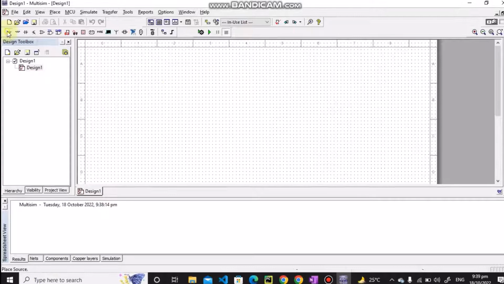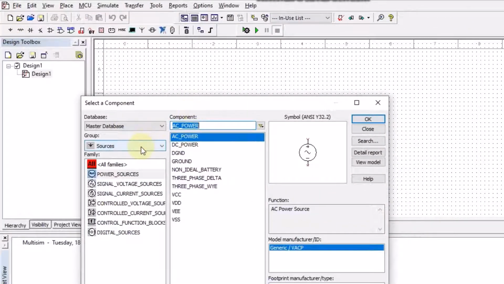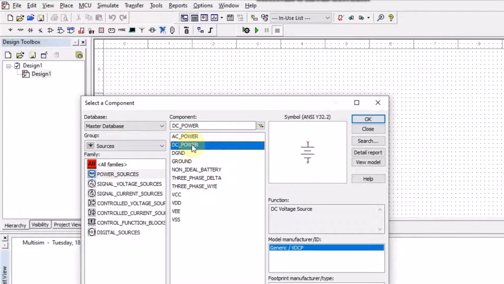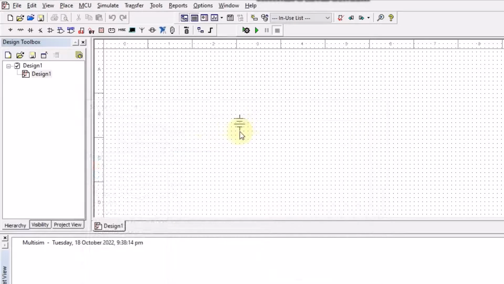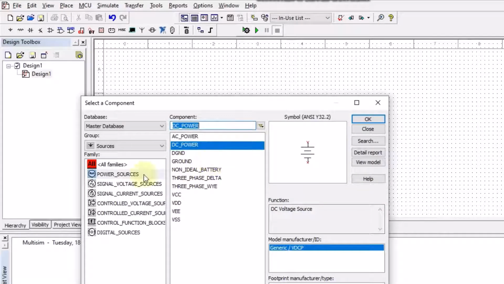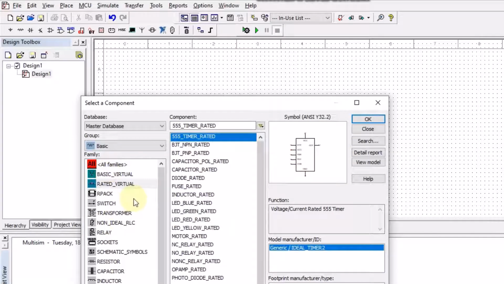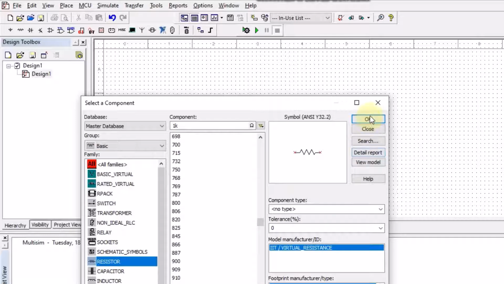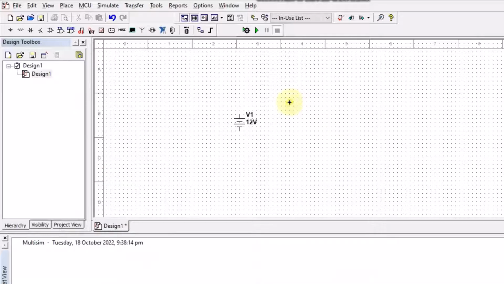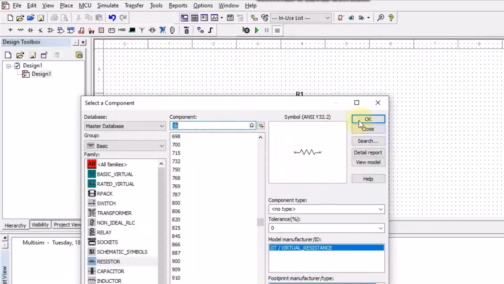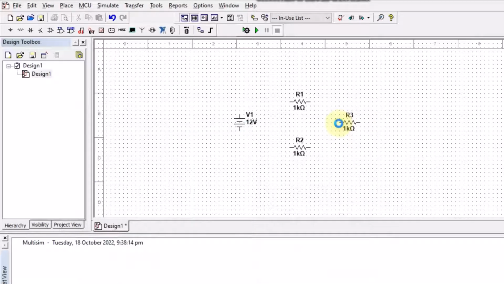Let us start with the sources, and here we are going to use the DC source. Let me put it here, and after it let me use the resistors. This is resistor number 1, this is 2, while this one is the third one.